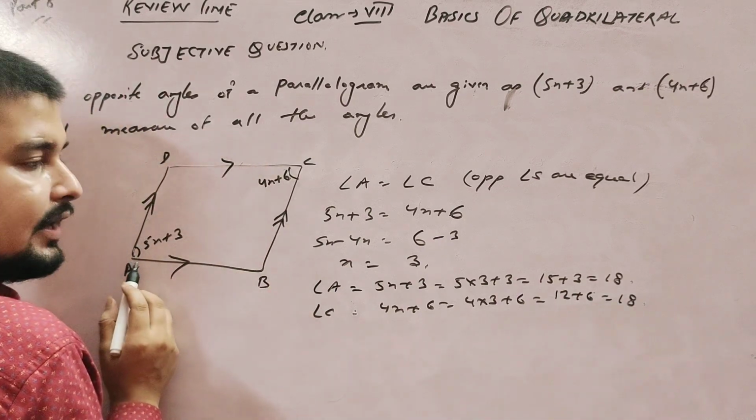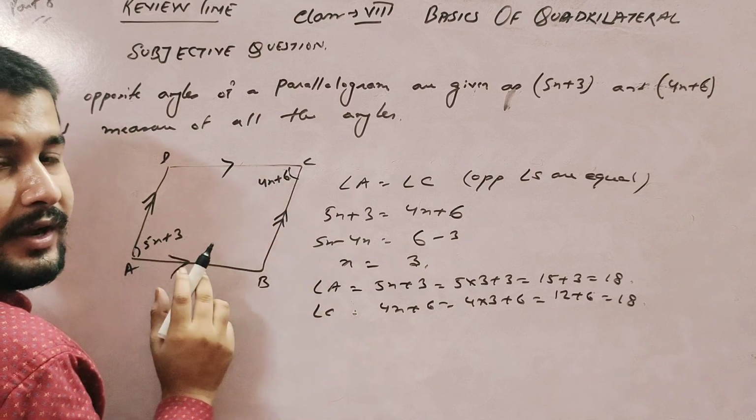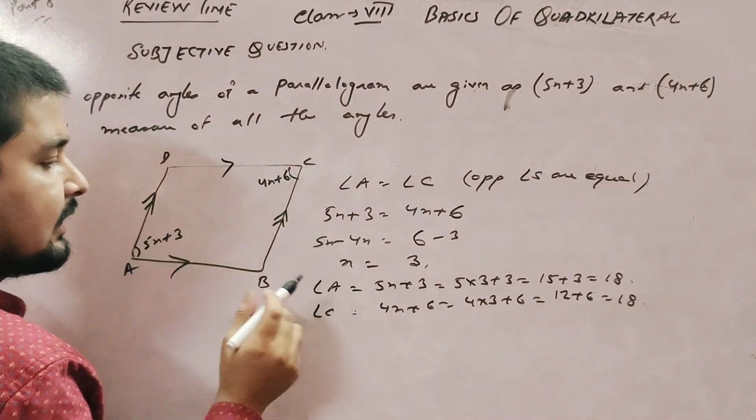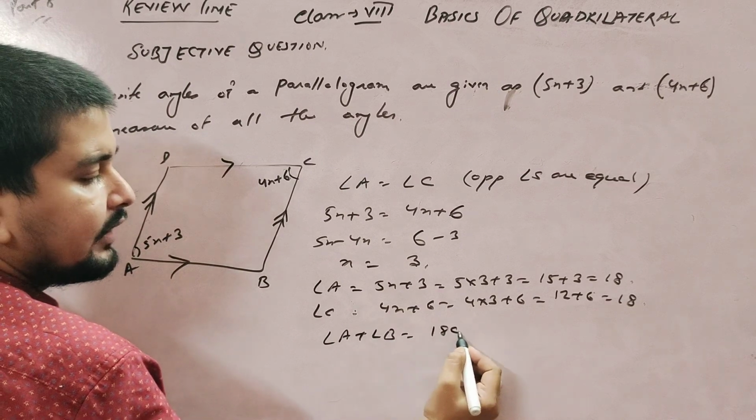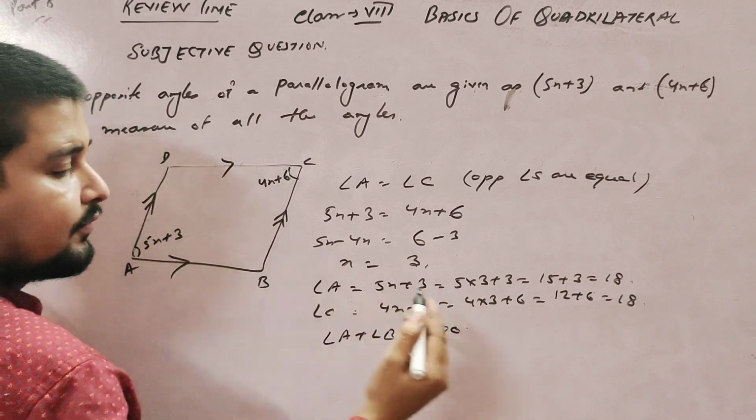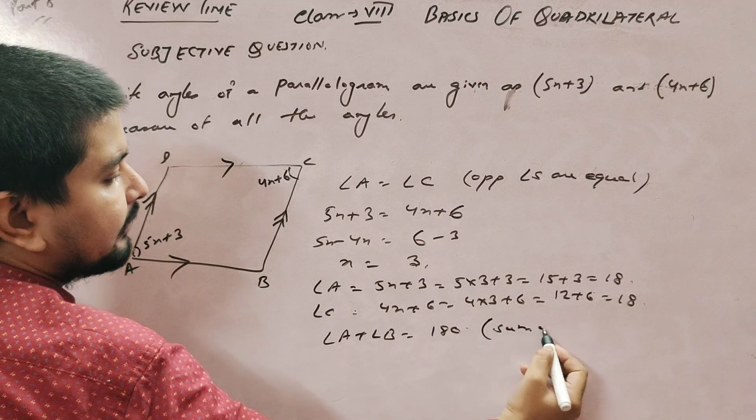Okay, that means angle A is 18 degrees, angle C is also 18 degrees, because we know that opposite angles are equal. Now angle A plus angle B equals 180 degrees, write it down. The sum of adjacent angles is supplementary.